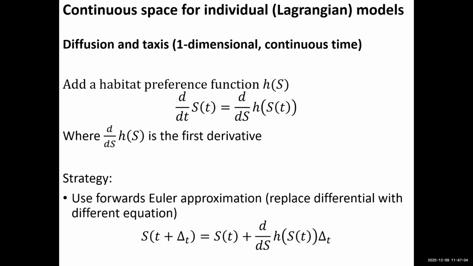And so, anytime people have a PDE like this, an ODE like this, it might seem intimidating, but the easy thing to do is just what's called a forwards Euler approximation. So you just take that gradient, assume it's constant over time, and multiply it by a time step. And so you get this forwards solution to the movement over a delta t.